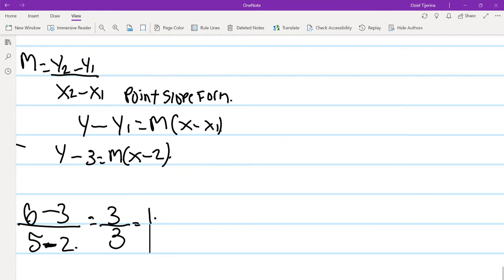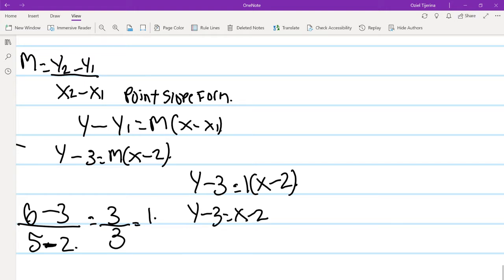So now we can say y minus 3 equals 1 times x minus 2. Since anything times 1 is the statement itself, we can just say y minus 3 equals x minus 2.